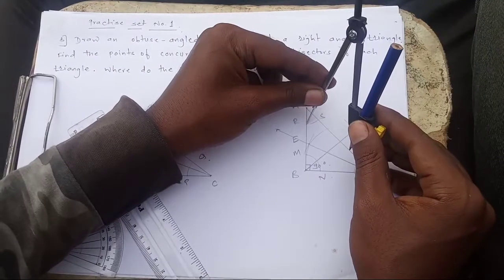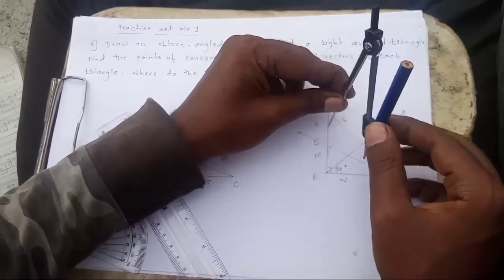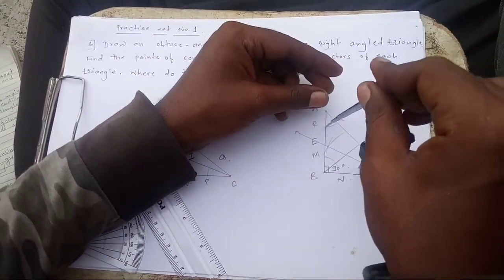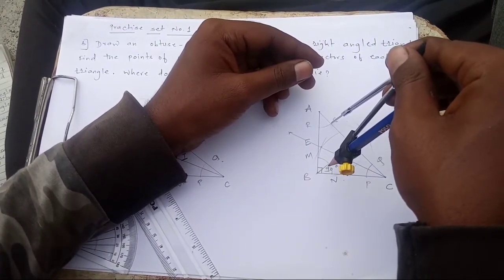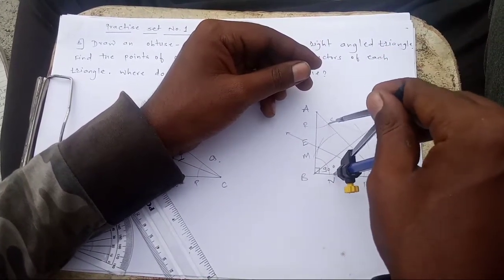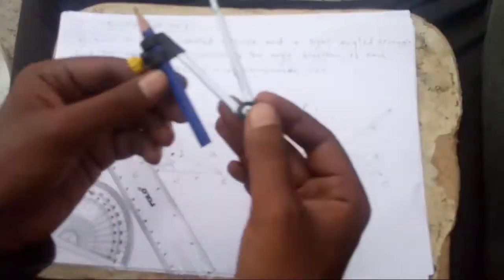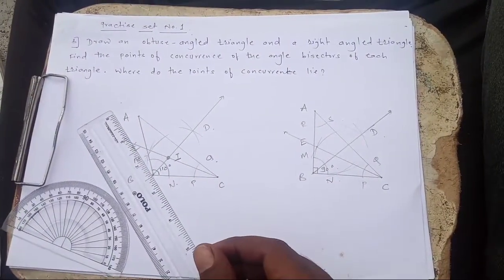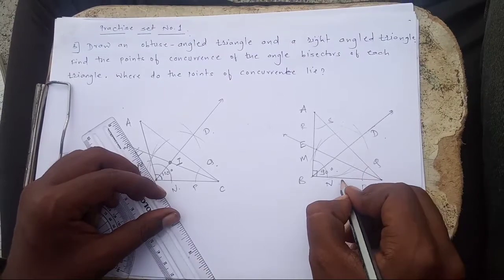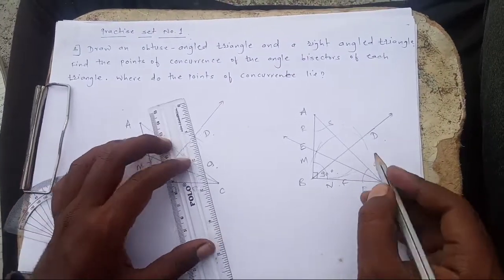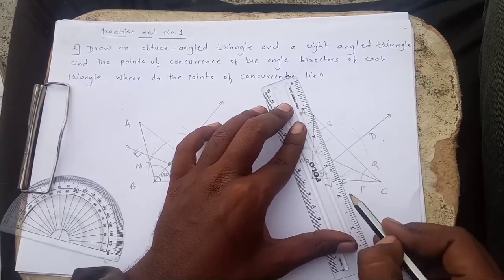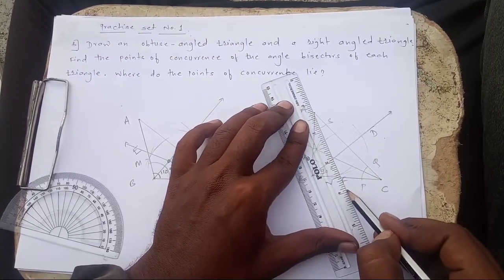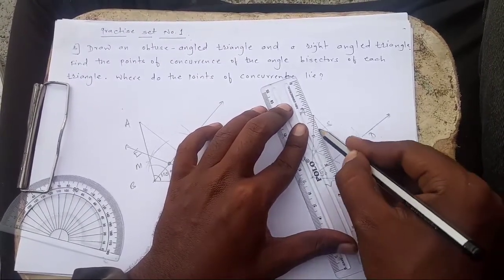Keep R as a center. Draw an arc. In the same way, keep S as a center. Cut another arc. The point of intersection we get, we will name it as F. Now join point AF.